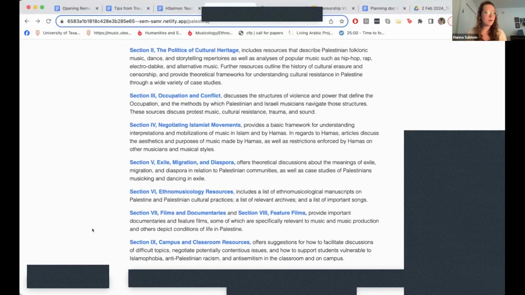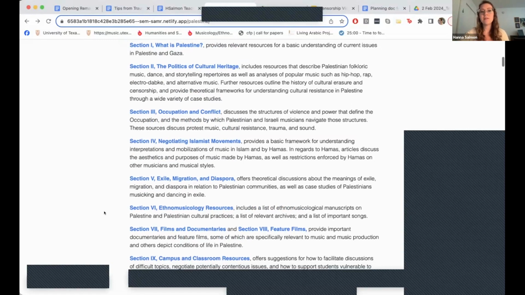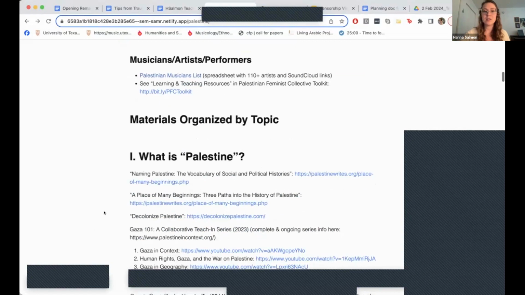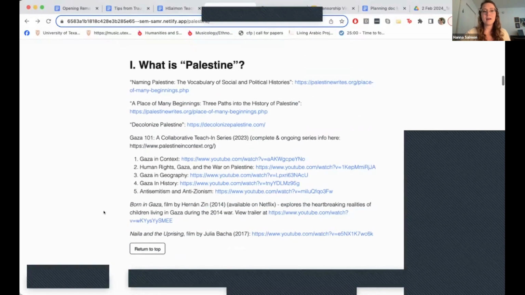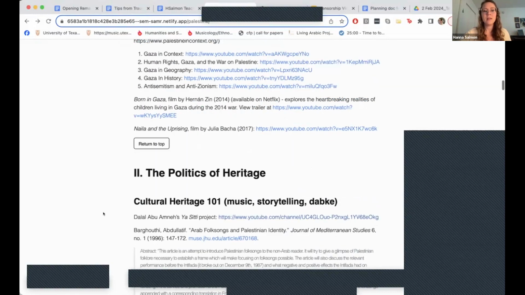Some of them are more useful for instructors to read as their own preparation. Some of them are really excellent as assignments for students. Each of the sections is divided into smaller sections as you scroll down. There are resources for discussing what Palestine is, with a specific set of resources about Gaza in response to the current escalation.